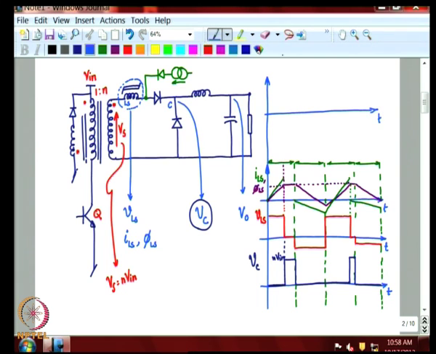This T. Now consider I L. I am going to put that in red color.